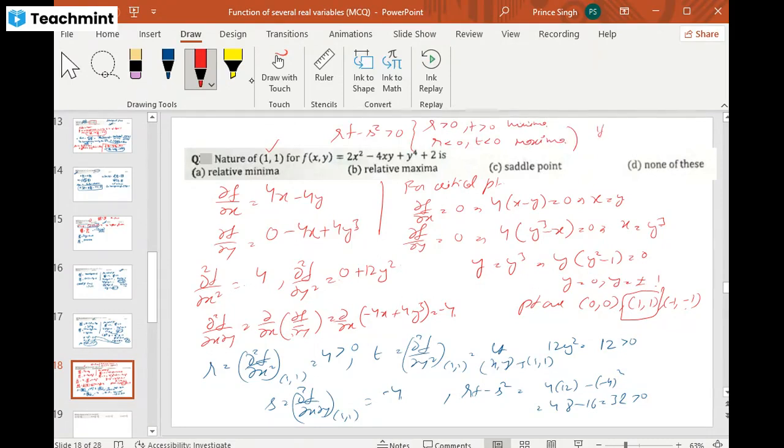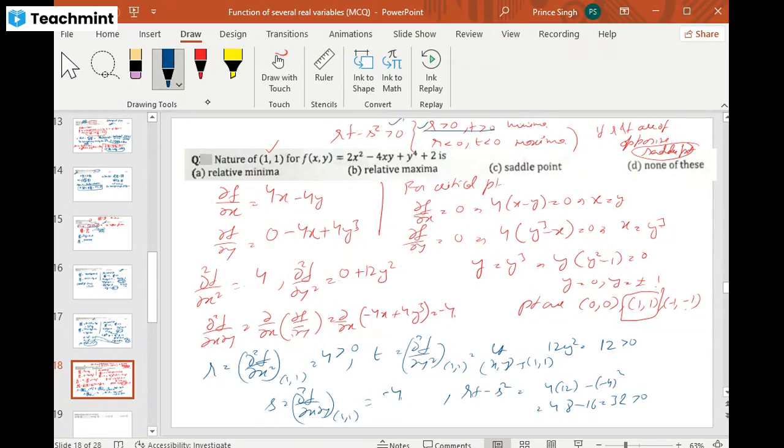And if r and t are of opposite sign, then it is a saddle, right? So here in this case, the condition is that r and t are positive, and this is also positive. So it is the condition of relative minimum.